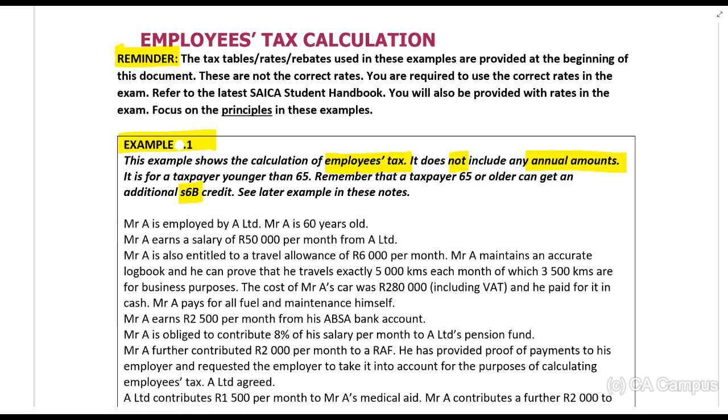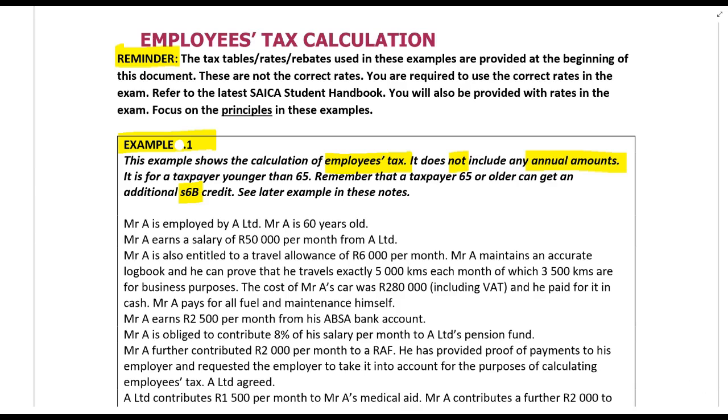Now, what's important for you to understand as a student is that, remember, the person who is performing this employees' tax calculation is the employer. So the employer will only calculate it on the remuneration that they pay the employee. Things which are not in your remuneration will not have employees' tax.